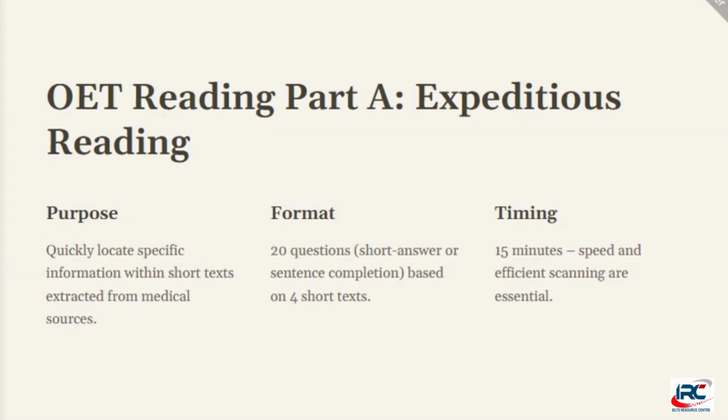Reading part A specifically focuses on expeditious reading, which means that test takers need to quickly locate specific information within concise text. These texts are usually based on real-world medical scenarios, ensuring that candidates are familiar with the type of language, terminology, and structures they will encounter in their professional setting.